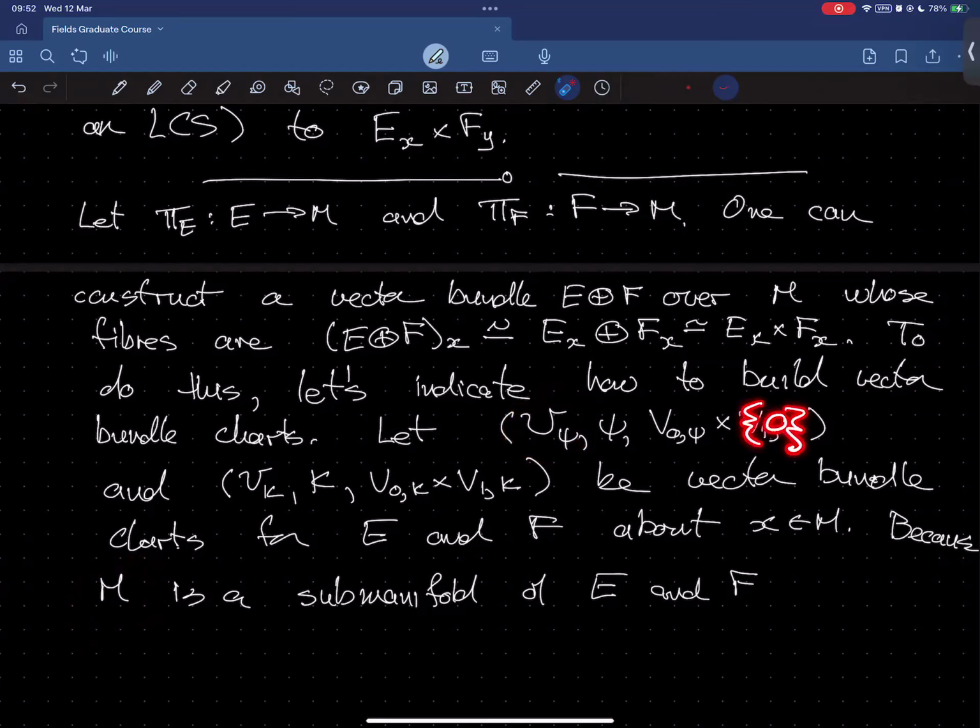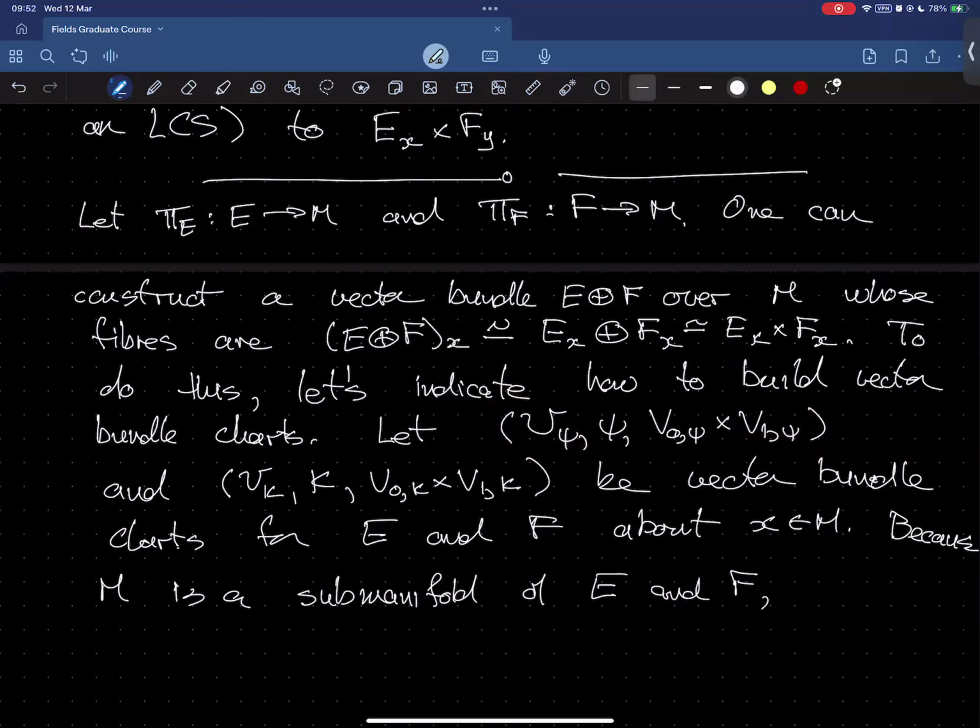Okay, and so therefore the chart V psi induces a chart for M just by considering the mapping from M into here, because at points in M, this component is automatically 0.